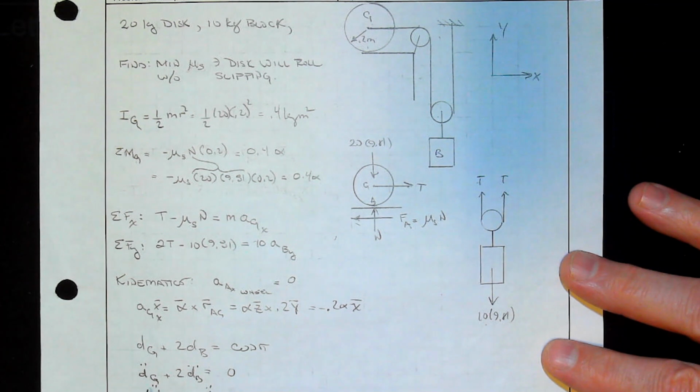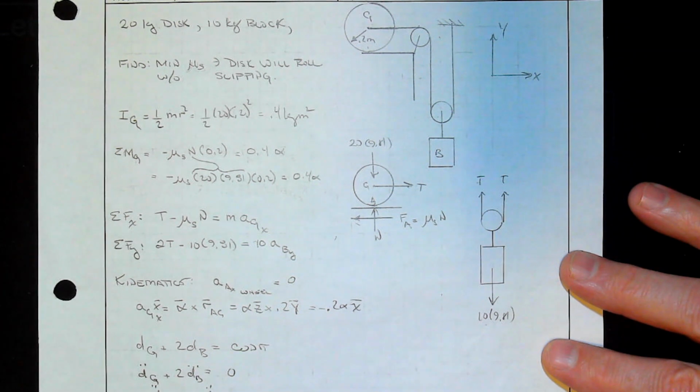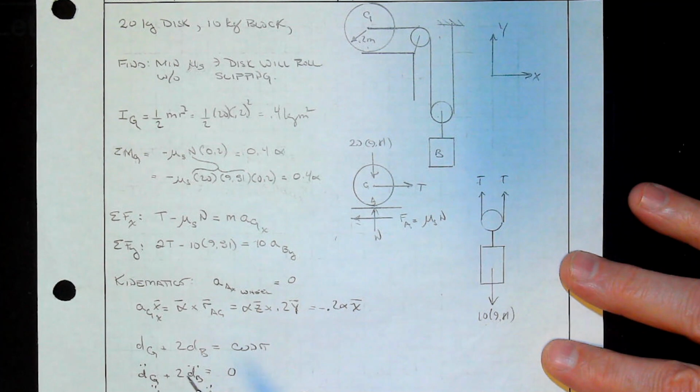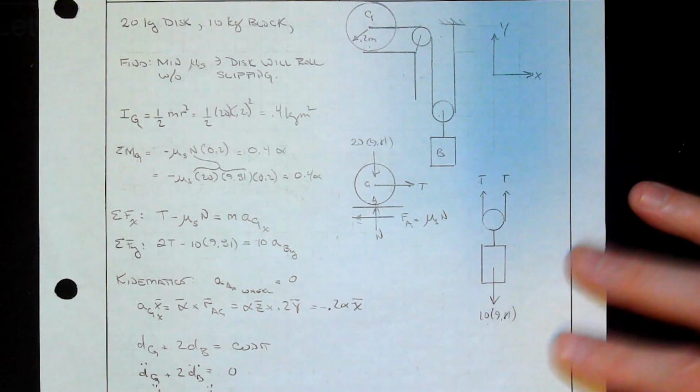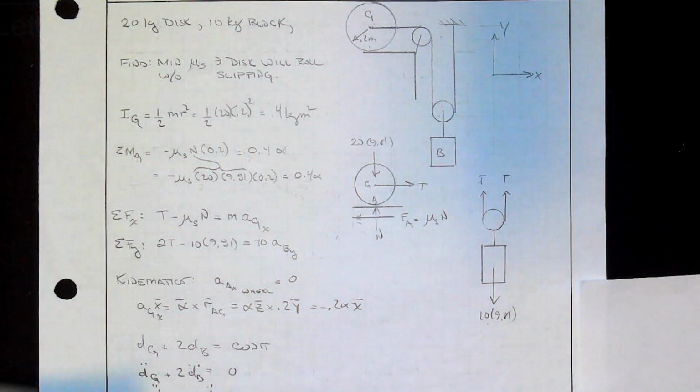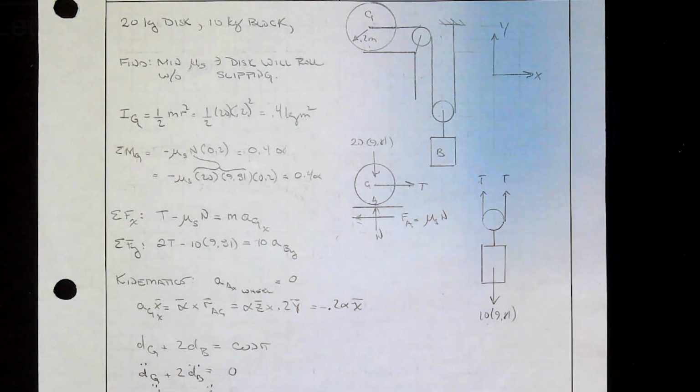Take the derivative twice, and we can relate acceleration of B to the acceleration of G. And so we're all set. Here's your sixth equation. We now have 6 equations, 6 unknowns, and it's an algebra problem. I'll leave that to you. You can check the results, but when you solve it, you find μS has to be 0.0769, or anything greater will work. We'll catch you later. One more problem to do.